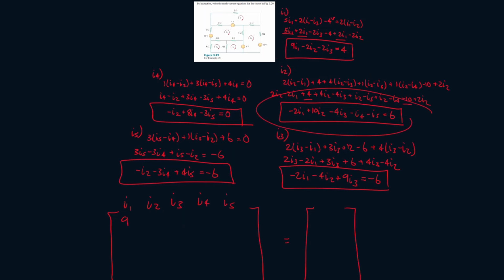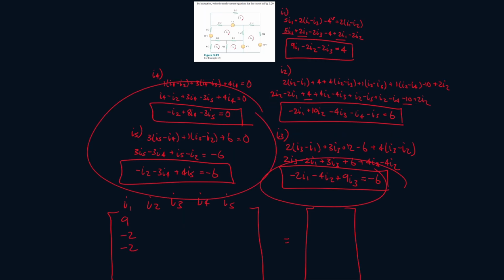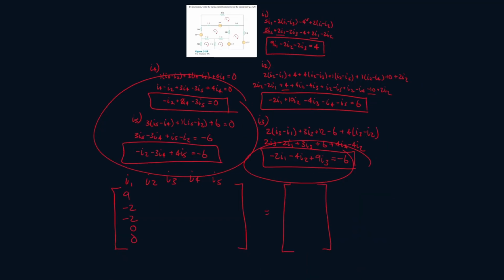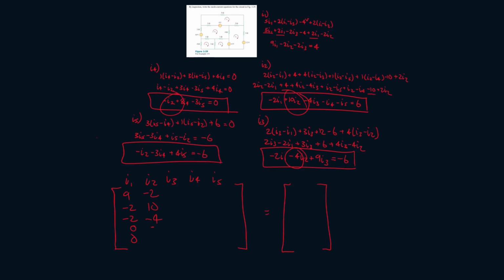For this one, it's minus 2. For this one, it's also minus 2. And for these two, they don't include an I1, so it'll just be 0 for both of them. Now back to the first one, we have minus 2 here for I2. Second one, plus 10. Third one, minus 4. Fourth one, minus 1. And fifth one, also minus 1.